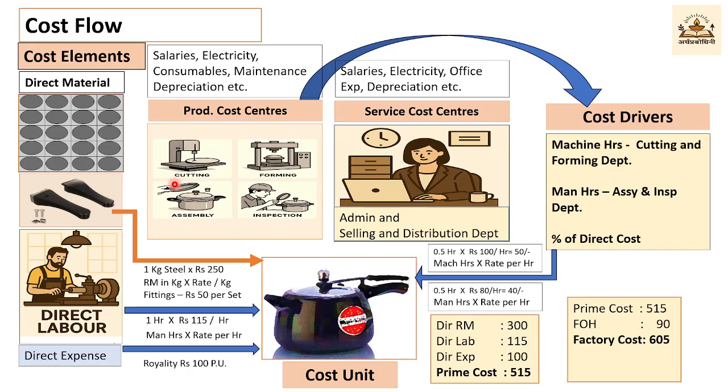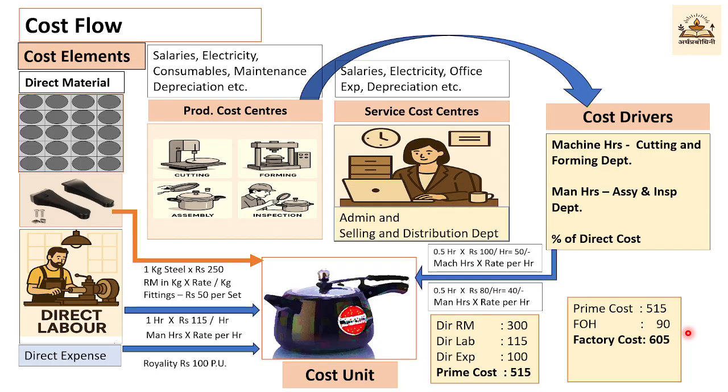All the factory cost incurred is first bundled in the respective production cost centers, then divided by the cost drivers, and this cost is absorbed with the number of hours incurred. This is the machine hour rate, man hour rate, and you will come to know this cost as factory overhead. So here the factory overhead is 90 rupees.